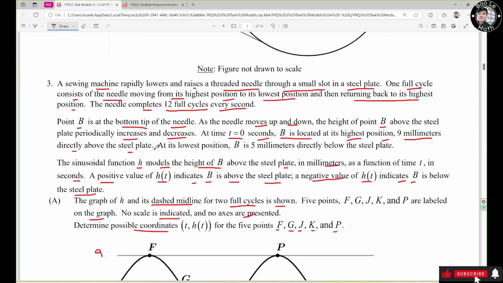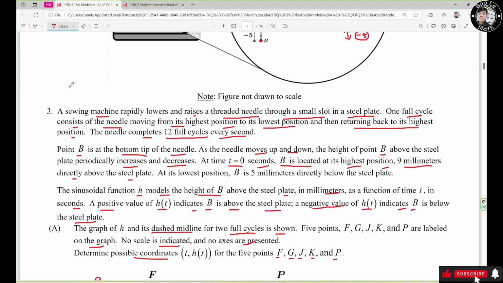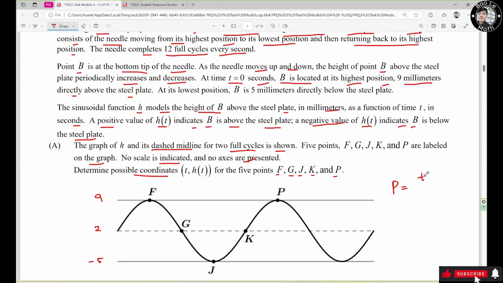Now we need to find the period first, right? So the period equals time divided by number of cycles, or rotations. So keep that in mind. Time is going to be right here, 1 second. 1 divided by 12, because we have 12 full cycles right here.